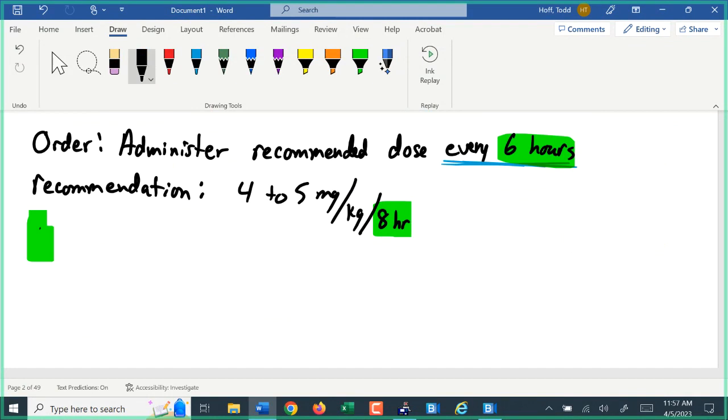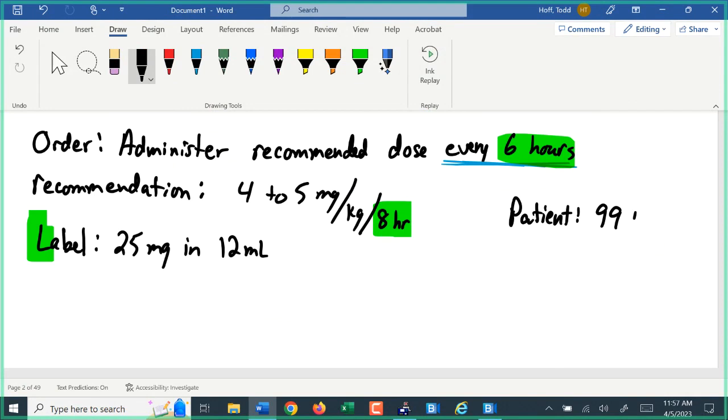So then our label is telling us that this medication is constituted with 25 milligrams in 12 milliliters of fluid. And of course, we have a patient. And in this case, our patient is 99 pounds.